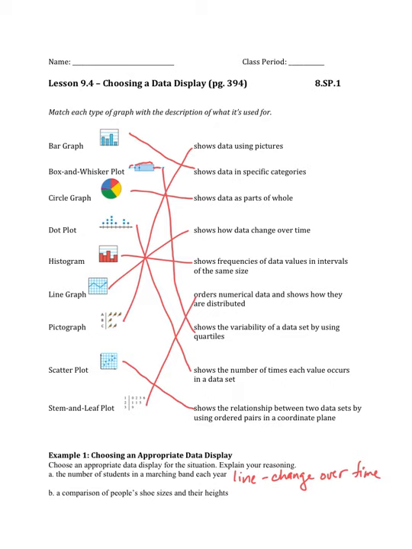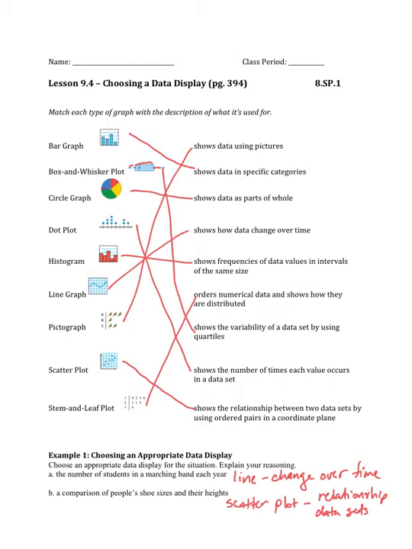Okay, and then the second one is comparison of people's shoe sizes and their heights. So this sounds like a perfect scatter plot because it's showing the relationship between data sets.